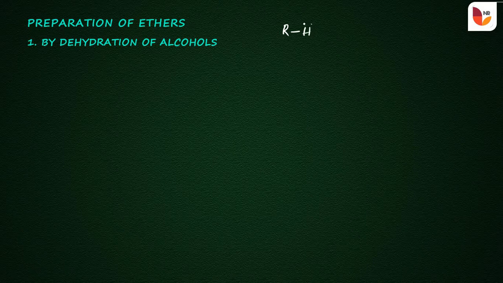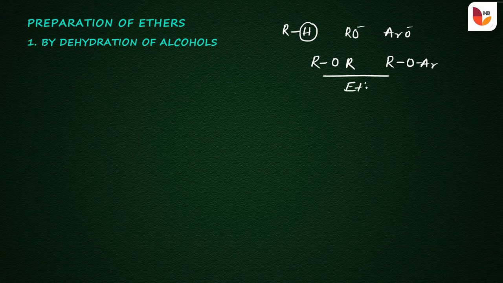So H in a hydrocarbon is replaced by the alkoxy, that is RO minus, or the aryloxy group, that is ArO minus. Such compounds are generally called ethers.